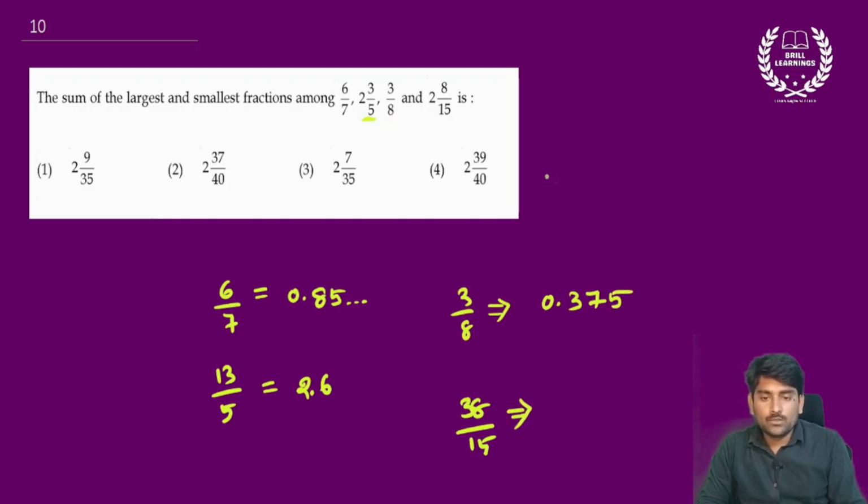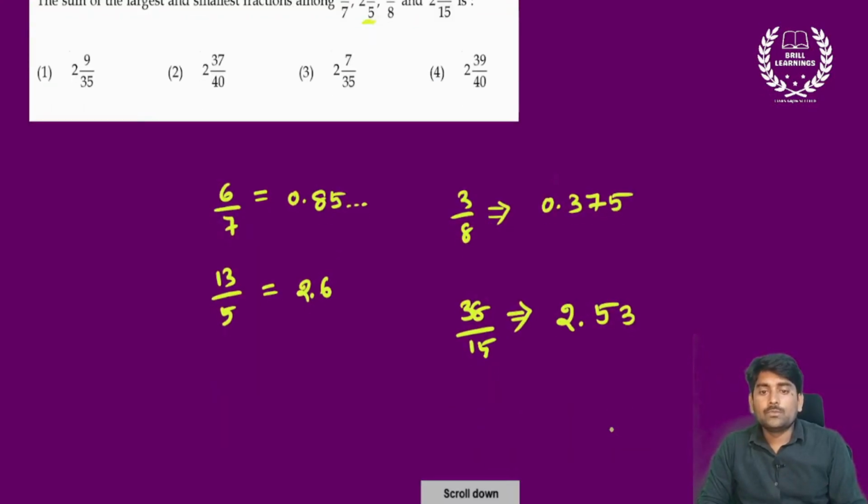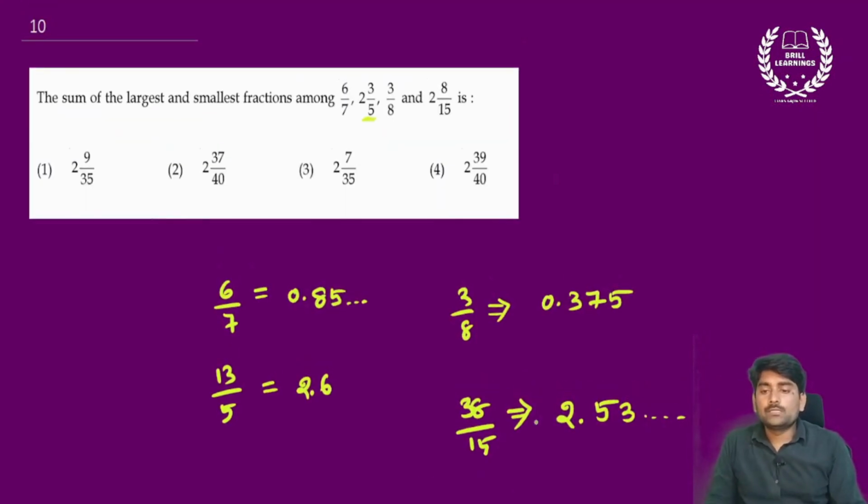Now this one, 38 by 15: 15 twos are 30, 8 left, 15 fives are 75, 5 left, 15 threes are 45, it is around 2.53. Now the largest is this and the smallest is this.